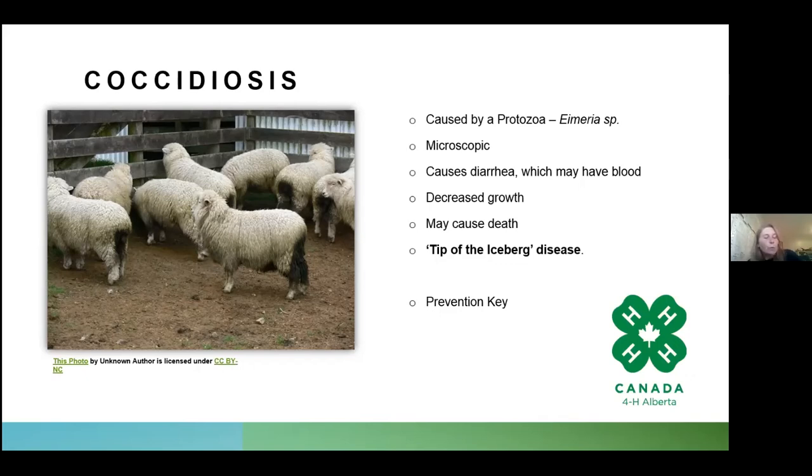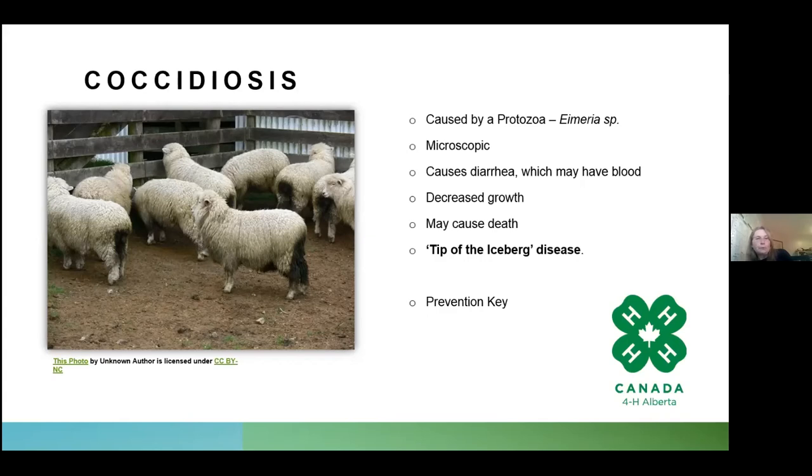It can be given when the animal has disease, to help treat it, but it can also be used as a preventative. If you know the animals usually get cocci at 4 to 6 weeks of age, we want to go in at about 2 to 3 weeks old and give them Bacox to prevent it.